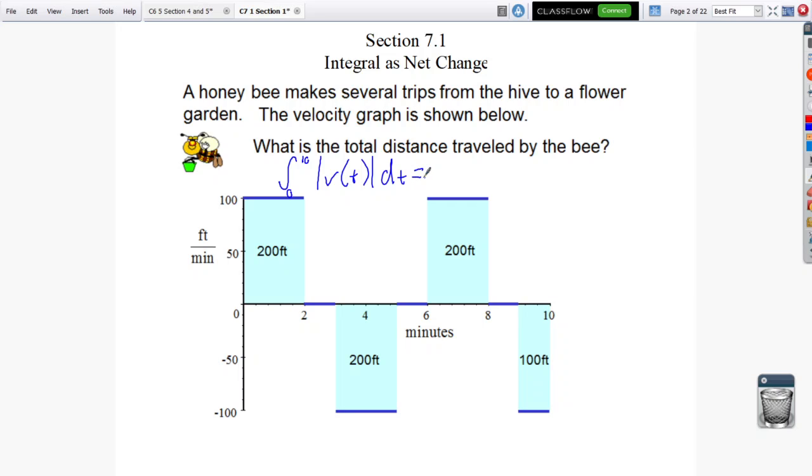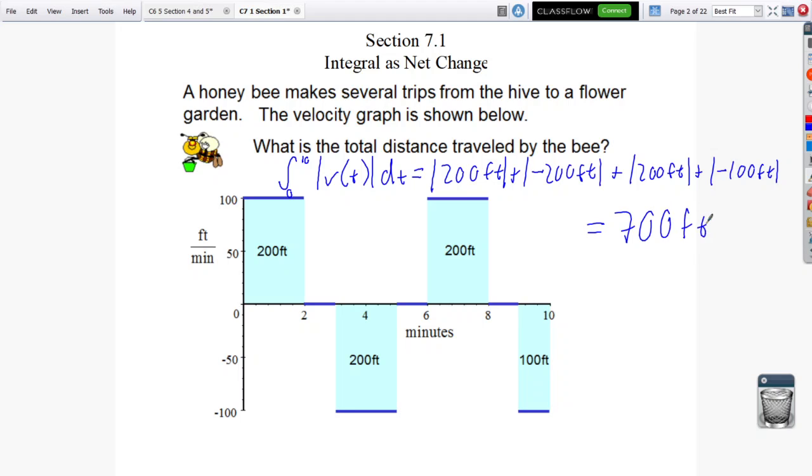The distance that this bee traveled is going to be the absolute value of the 200 feet when it moved forward, plus the absolute value of this negative 200 feet when it moved backward, plus the absolute value of this 200 feet when it moved forward again, and then plus the absolute value of this negative 100 feet when it moved backward again. Just looking at that, 200, 400, 600, 700. So the distance that this bee traveled is going to be 700 feet.